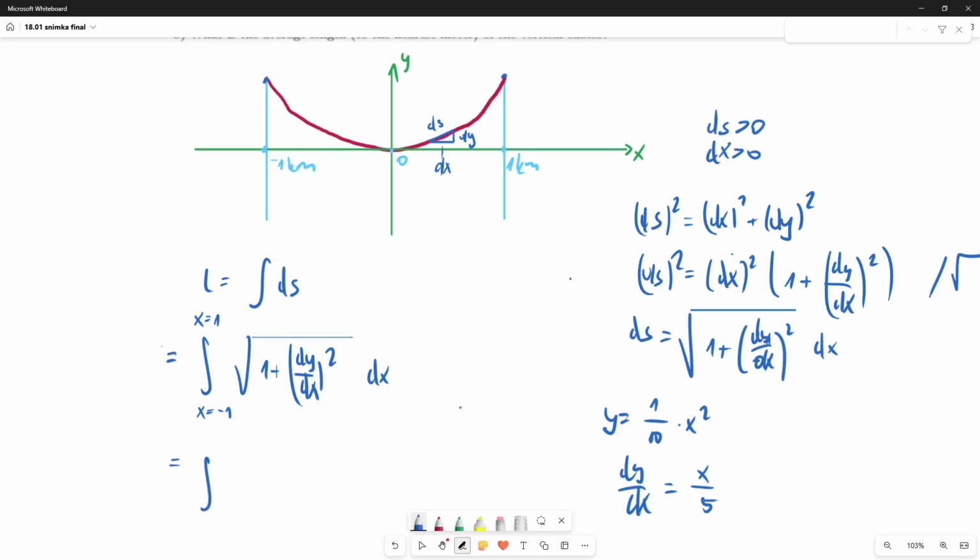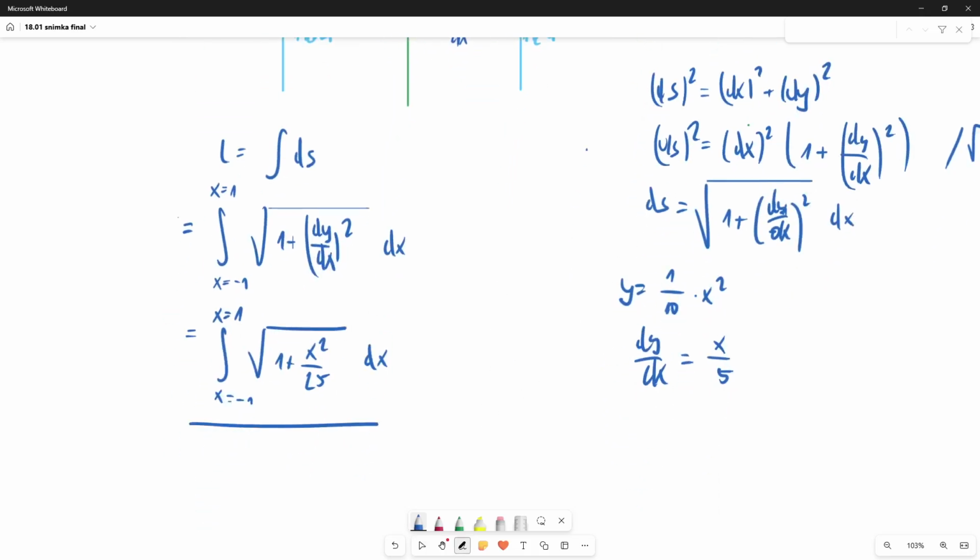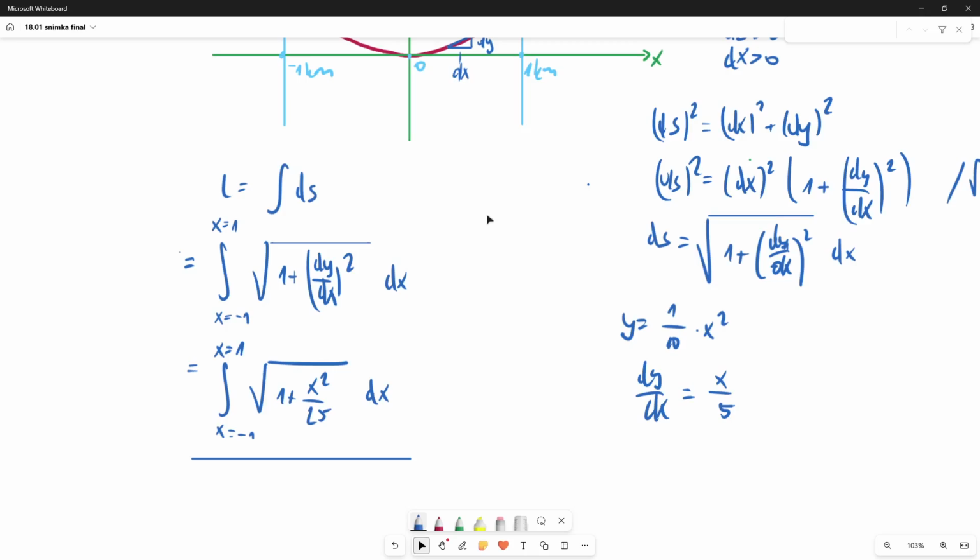So our integral is the square root of 1 plus x squared over 25 dx, where x goes from minus 1 to 1. And this way we've set up the integral, and we don't need to solve it because the problem doesn't ask us to solve it.